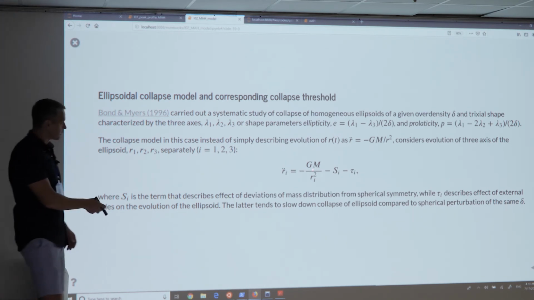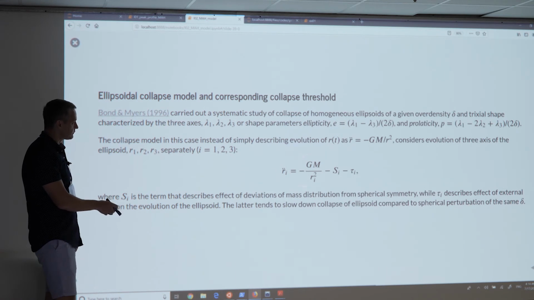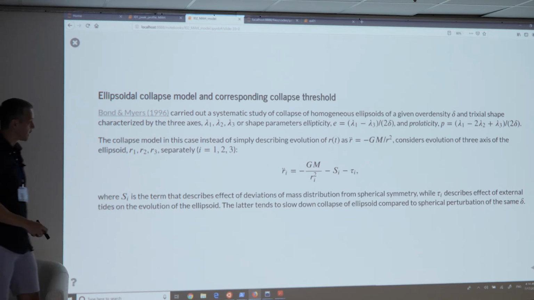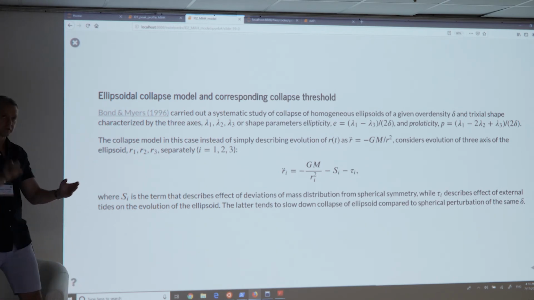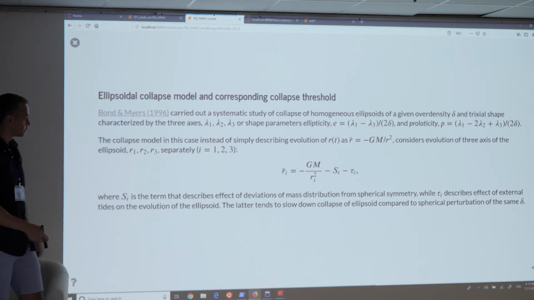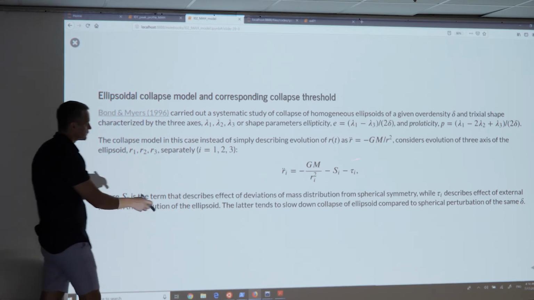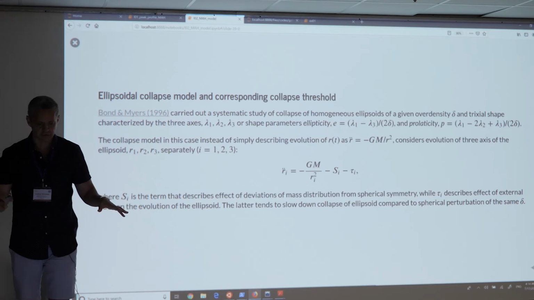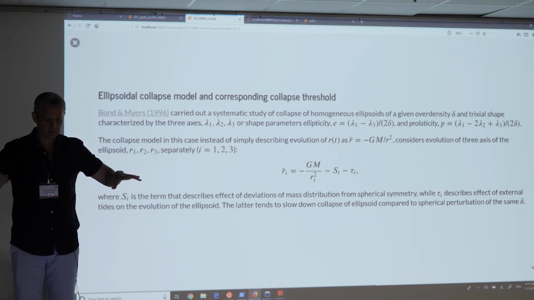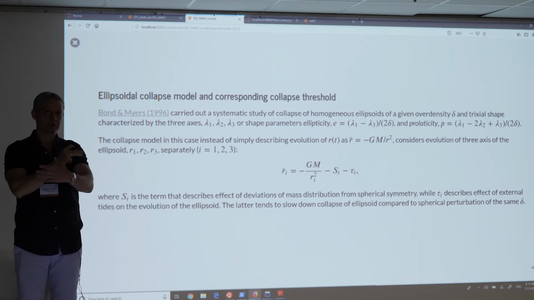So instead of a simple equation like this for the spherical collapse model, we have 3 equations for 3 principal axes, and in addition to the GM over r squared term, we have a term which I will not write down, but physically it corresponds to the fact that we're dealing with an ellipsoidal distribution now, and a term that describes the torque that surrounding peaks, which we are not considering but are present in the universe, exert on that ellipsoidal distribution.